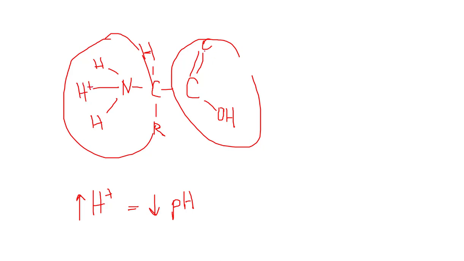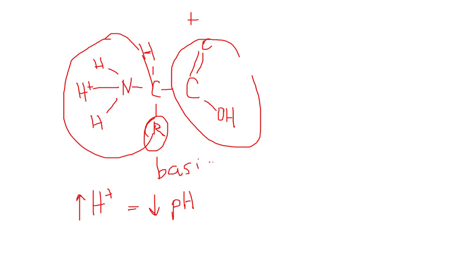The carboxyl group won't do anything. So overall, your amino groups will pick up extra hydrogen ions, and overall the protein will take on more of a positive charge. And that's if you're in an extremely acidic environment. So not only will the end amino group take on an extra hydrogen, but any of the R groups that have an amino group. So amino groups are found in basic side chains.